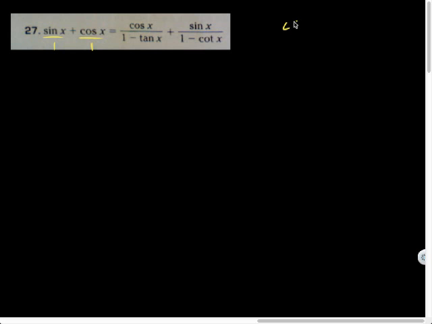So let's see, the LCD is equal to what? 1 minus tan x has to be there because this is a whole denominator. 1 minus cot x, right? So the technique we use for this is multiplying both sides by the LCD.